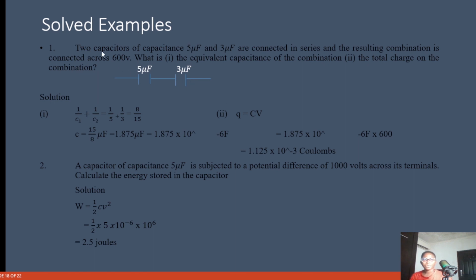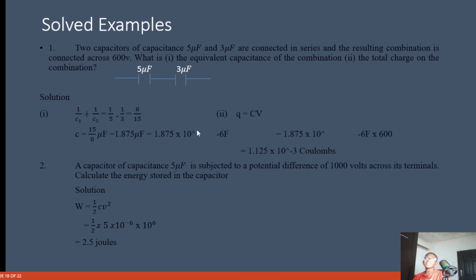So, example: two capacitors of capacitance 5 microfarad and 3 microfarad are connected in series, and the resulting combination is connected across 600 volts. 1, what is the equivalent capacitance of the combination? And 2, the total charge on the combination.